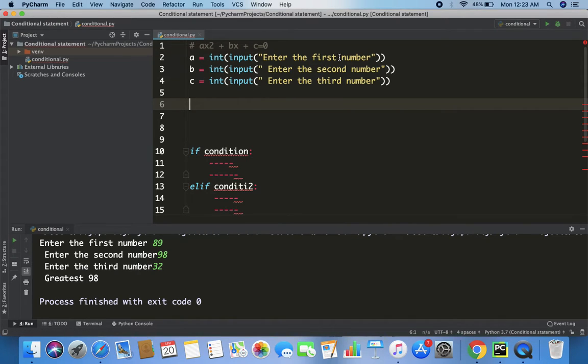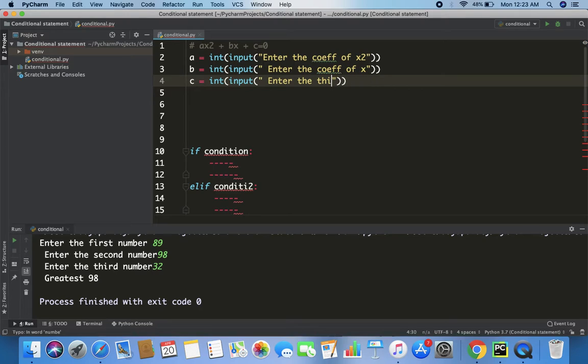So I change this one as: enter the coefficient of x square, then enter the coefficient of x, and then enter the constant term.